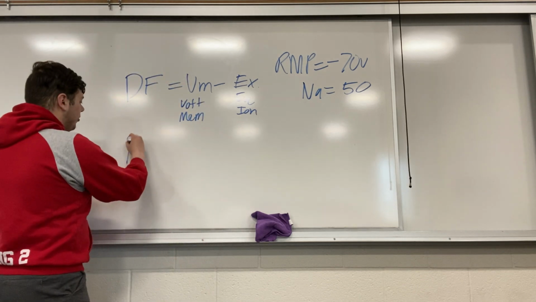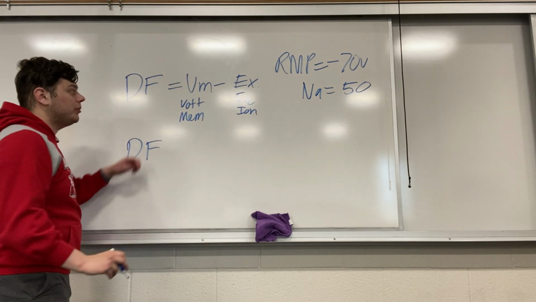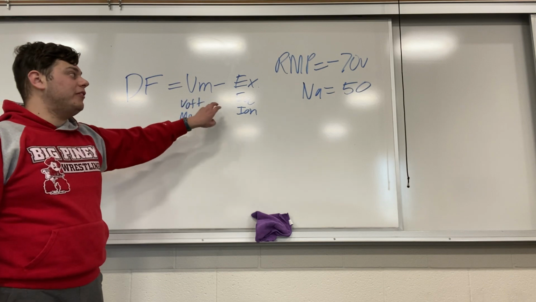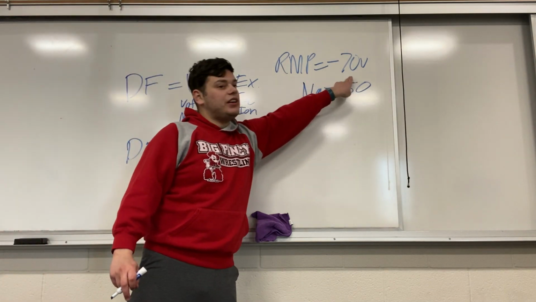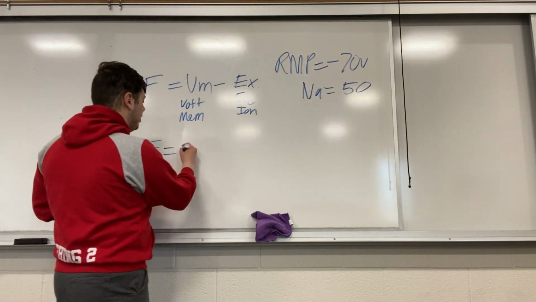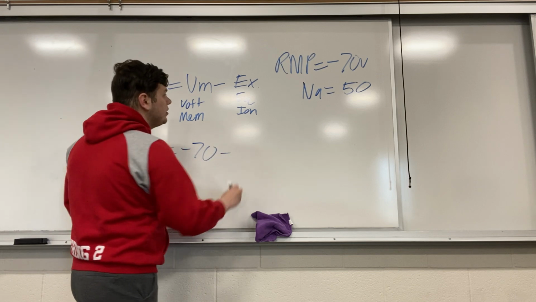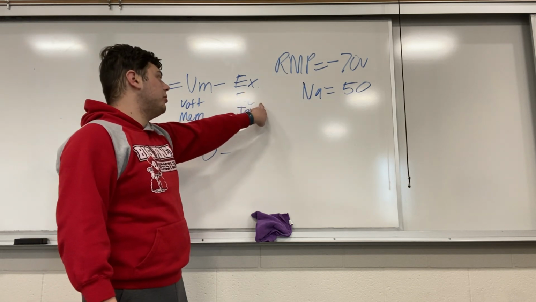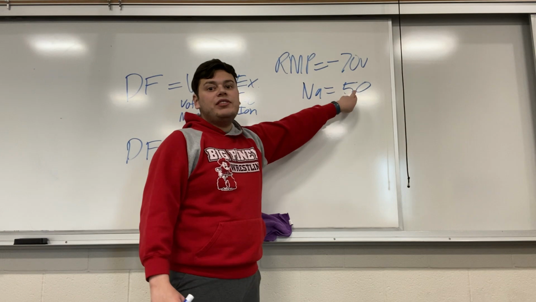So the driving force equals the voltage of the membrane, the Vm, and that would be our negative 70 right here. So it equals negative 70 minus the Ex, which is the equilibrium of our ion, which is 50 for Na.